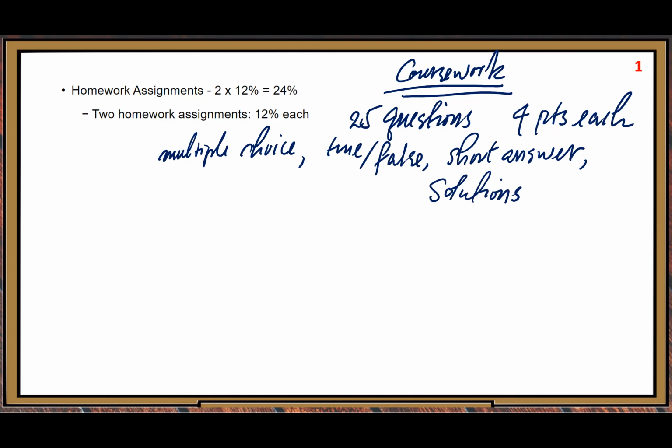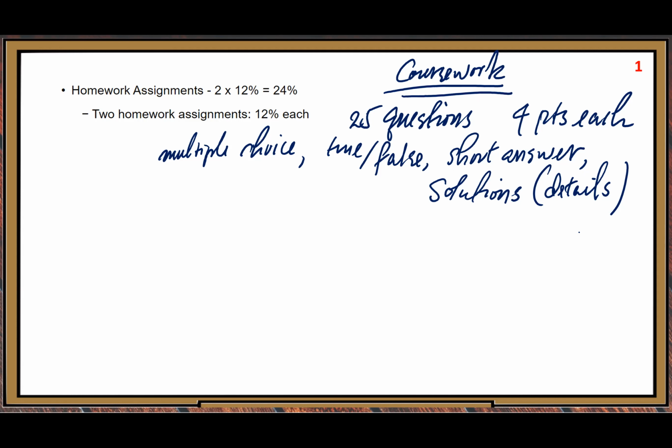If you see the solution word, you need to provide full solution. You need to provide details. Short answer, you do not have to provide detail. You just give me the final answer.